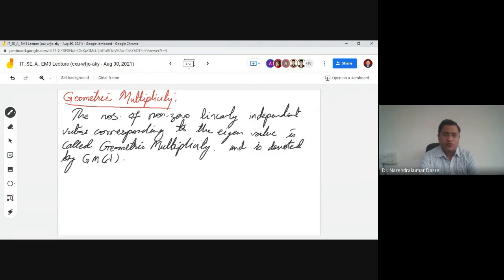Once you have the geometric multiplicity and algebraic multiplicity, then you can think of whether the matrix is diagonalizable or not. Okay, so now it's time to redefine the diagonalizable matrix.